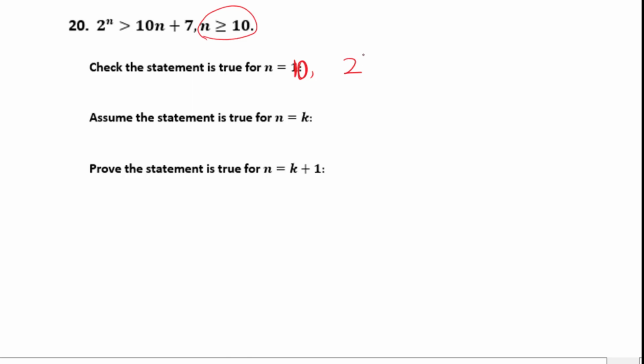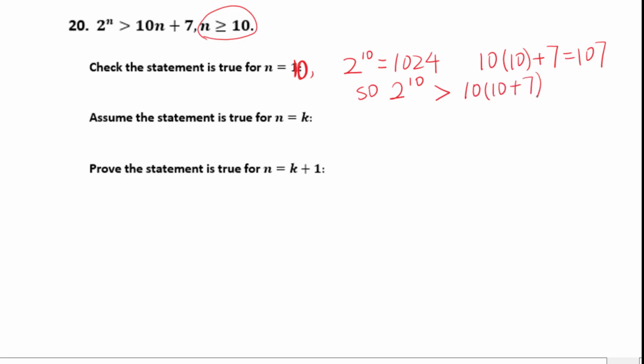Then 2 to the 10th power equals 1024. 10 times 10 plus 7 equals 107. So 2 to the 10th power is greater than 10 times 10 plus 7.